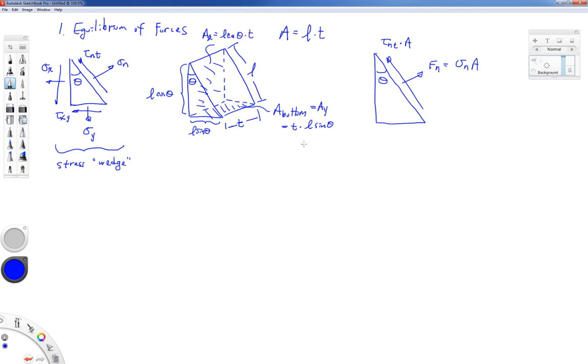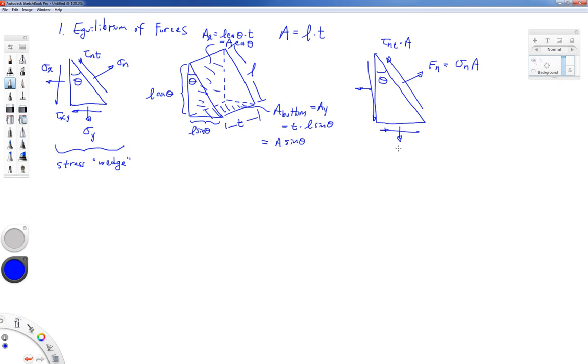And if you notice, T times L shows up in both of these, and we know T times L is the area of the inclined plane. So another way I can write this is that the area of the bottom is equal to the area of the slanted plane times the sine of theta, and the area A x on the back side is going to be the area A times the cosine of theta. So we can get the forces that point off in these directions by multiplying the stresses times those respective areas.